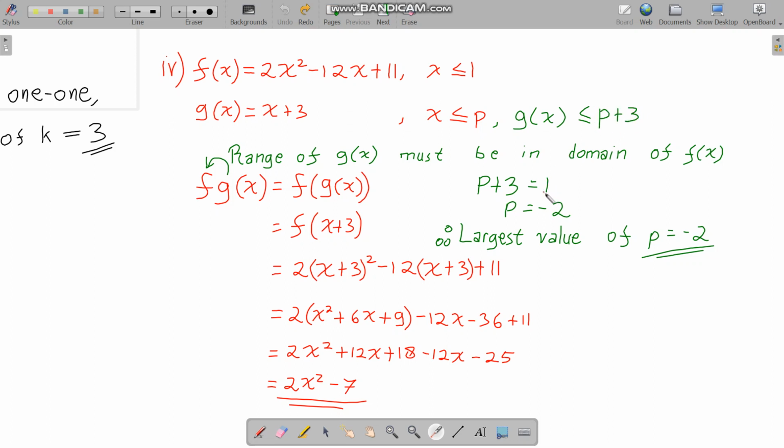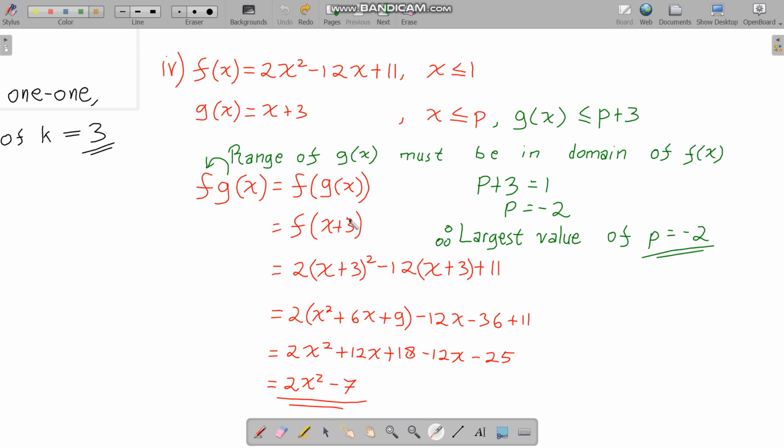Since this range must be in the domain of f, which is smaller than 1, we know that p plus 3 is supposed to be equal to 1. So p is supposed to be equal to minus 2. So the largest value of p, so that we have the composite function, must be minus 2.